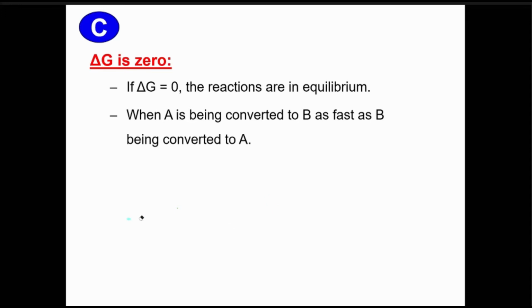So when the change in energy is zero, the reaction is in equilibrium, and A is converted to B as fast as B is converted to A. So these are the three states that you need to know, with their characteristics. In order to avoid students asking me, doctor, what we need to know in our exam, I am telling you now. The students who are listening should take notes and write this.